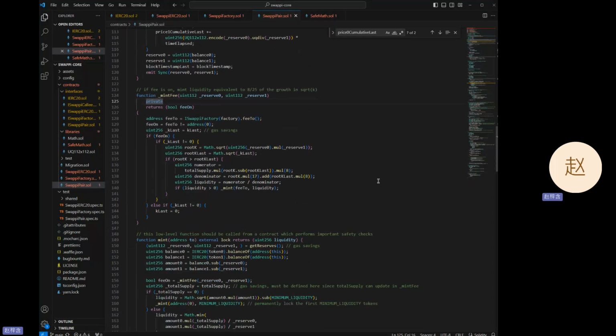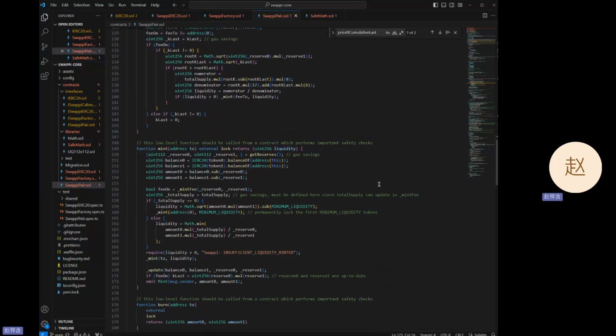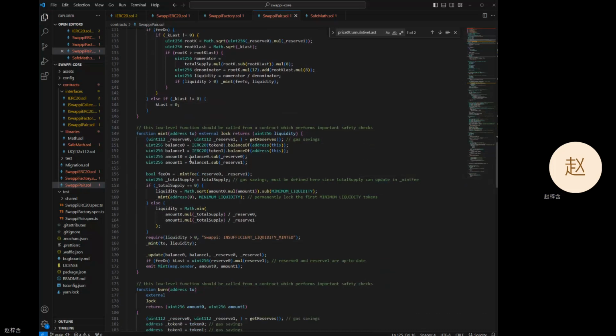Hello, welcome back. So let's introduce the mint function first. It is an external function, so everyone can call it. Besides the Swappi router, any user can invoke it directly.